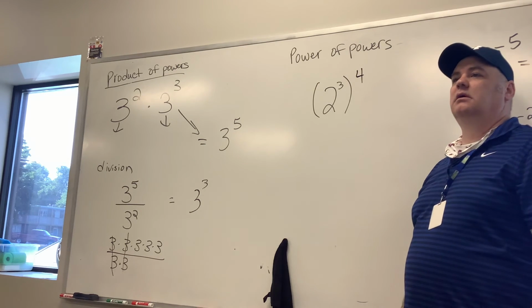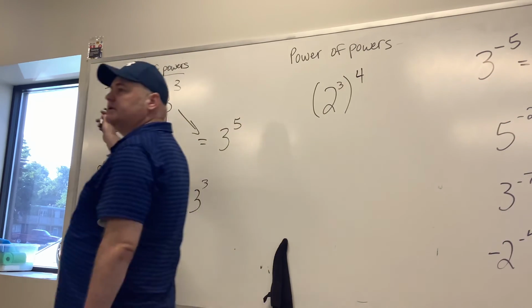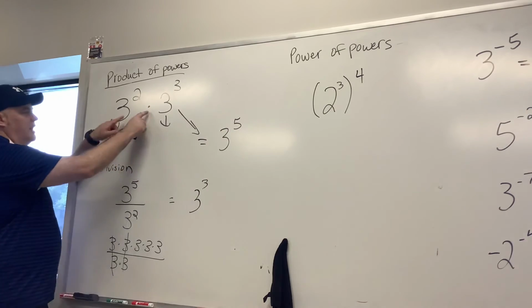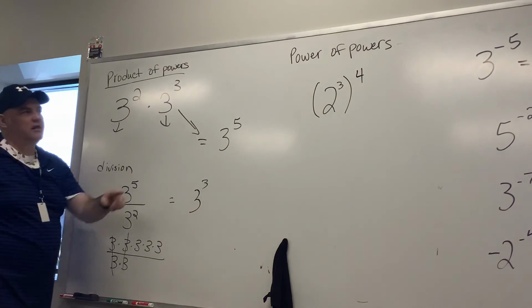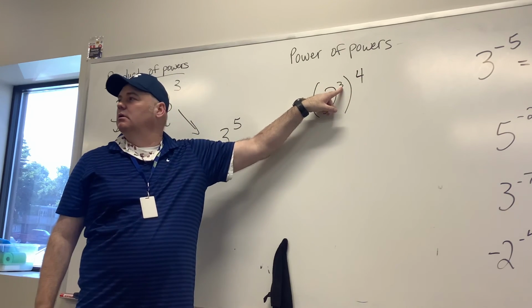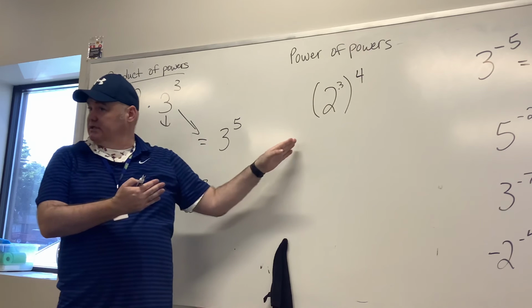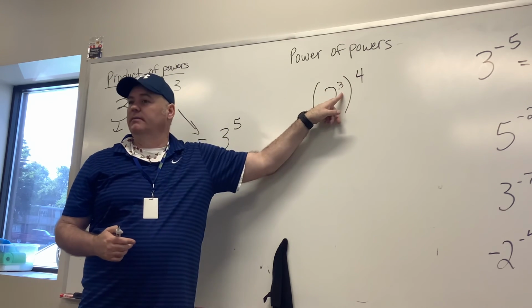Okay? So do you see the difference between these two kinds of problems? This one, you are multiplying two things that have powers. Okay? This, you have a power of a power. Okay, you're not multiplying, there's no multiplication there, right? It's only power of a power.